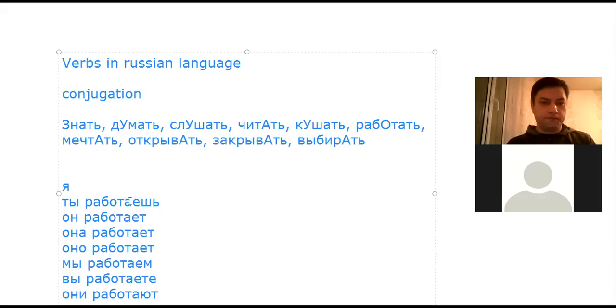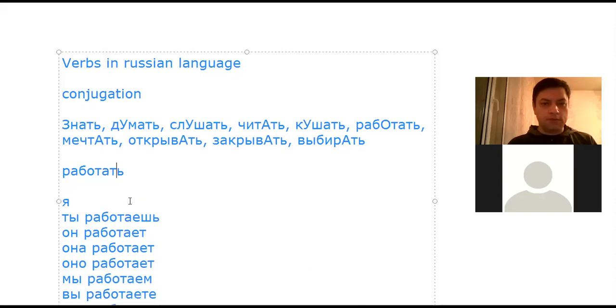So if the initial form is работать, then you must delete the ть here and then keep adding different endings. Работаю, работаешь, работает, работаем, работаете, etc.